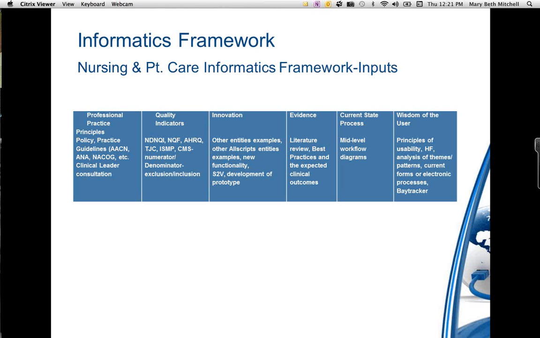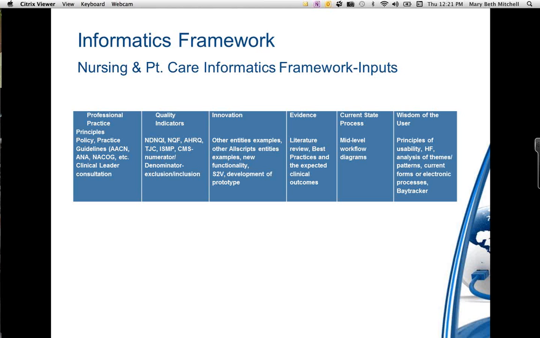So Falls is probably a really good example of a much larger project that affects more things in the EHR, and so many of these inputs, almost all of these inputs, had to be addressed for us to optimize our fall documentation, where if we're looking more specifically at a smaller change, like the way nurses document lines, tubes, and drains, which is another project that we did, we had a subset of things that we looked at within our inputs.